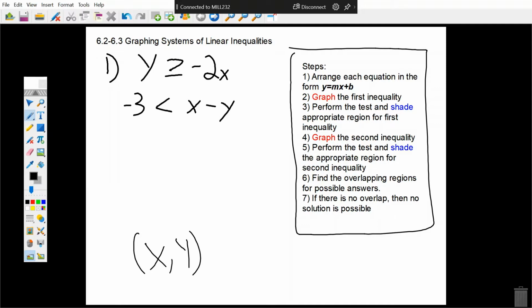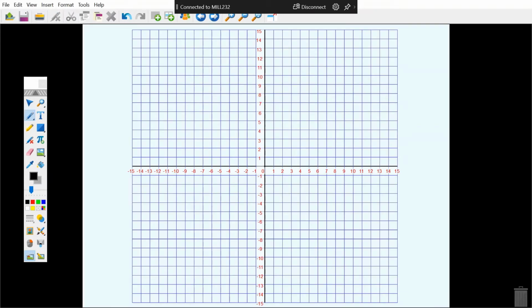So let's give that a try here, okay? So I've got a graph on the next page. I'm going to go back and forth. The first equation is y, right here. Y is greater than or equal to negative 2x, that's a plus 0.